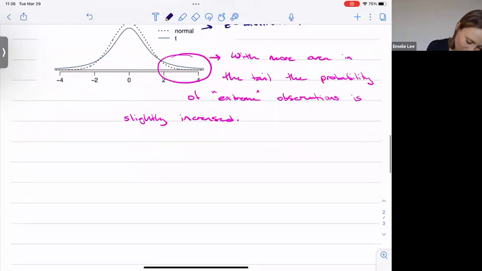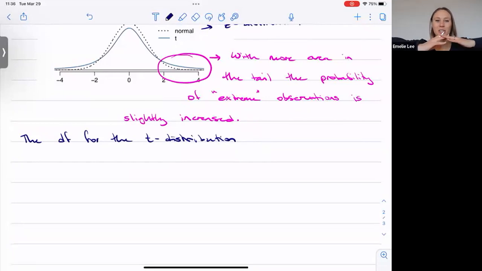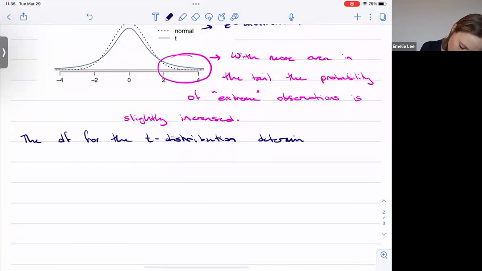So the degrees of freedom for the t distribution determines how fat the tails are. Let's start using that terminology. The degrees of freedom for the t distribution determines how fat the tails are.